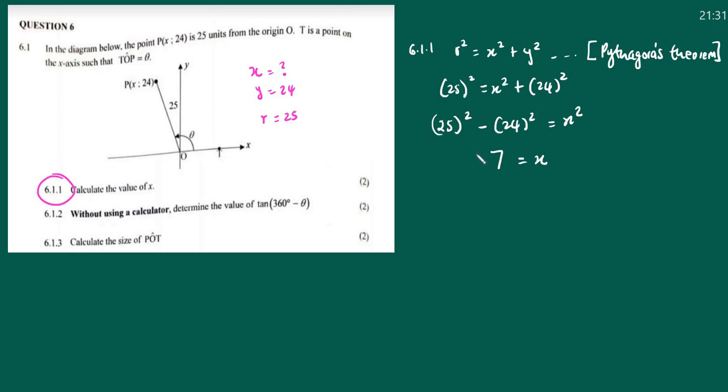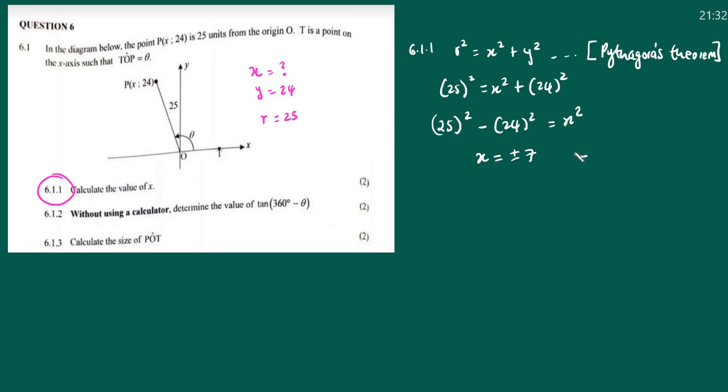Therefore x equals 7. All right, that's good. Thank you so much. So it means your x would be plus or minus 7. So you get the answer to this, and then you square root both sides to get x.